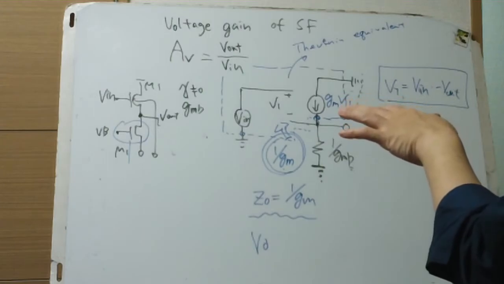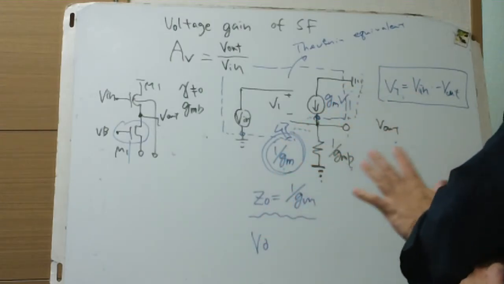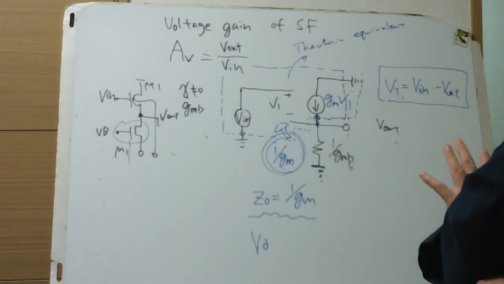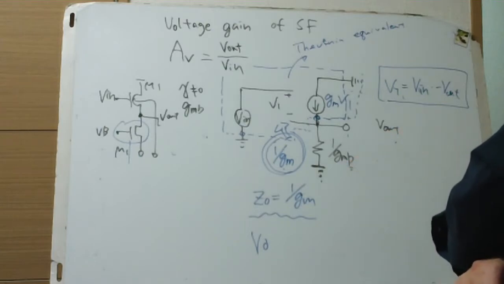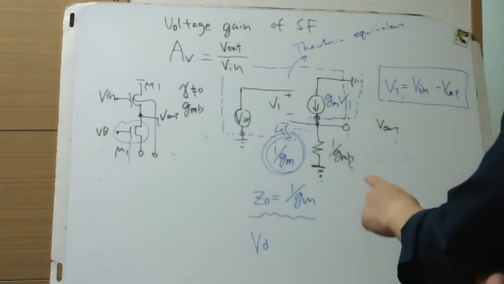The Thevenin equivalent is just explained. I've been reading from the book for 3 or 4 minutes, and it's very easy to apply and understand, and I rechecked again.